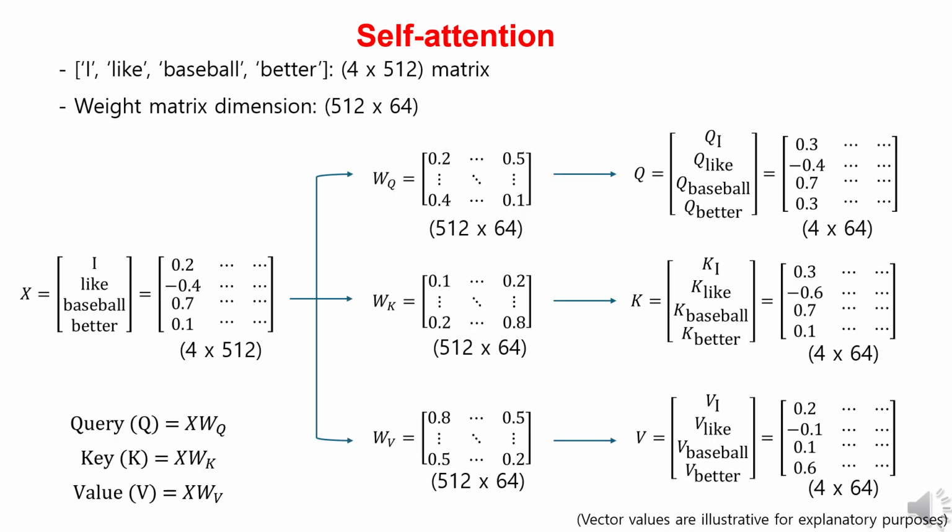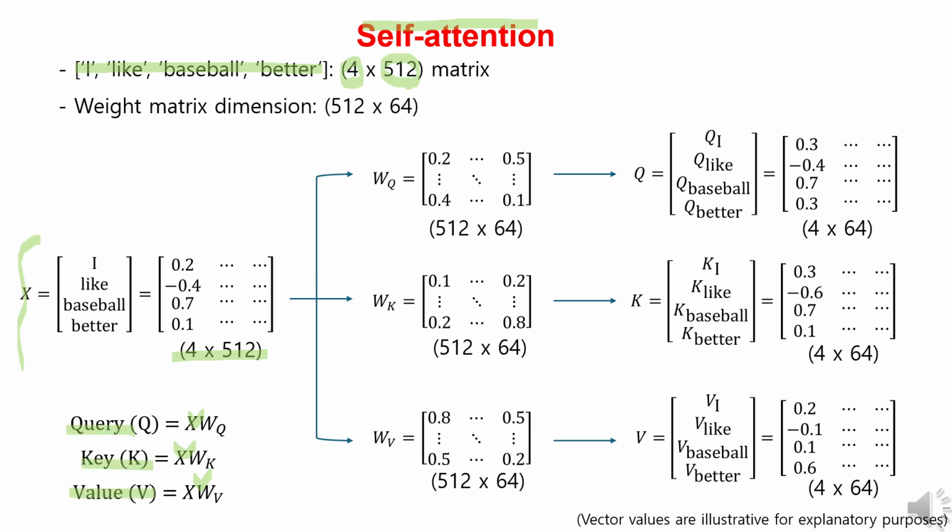Now, let's look at how self-attention is actually computed through a simple example. The sentence we'll use is, I like baseball better, which consists of 4 tokens. As in the original paper, each token is represented by a 512-dimensional input vector. So the entire input can be viewed as a 4 by 512 matrix X. We then multiply this input matrix X by 3 different weight matrices, WQ, WK, and WV, to compute the query, key, and value matrices.